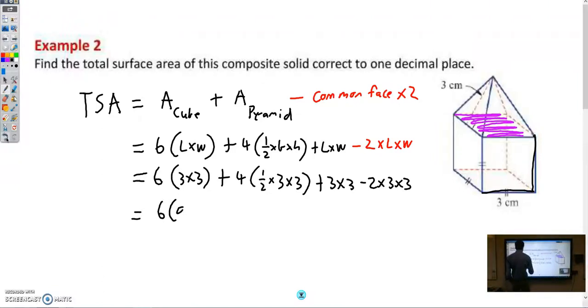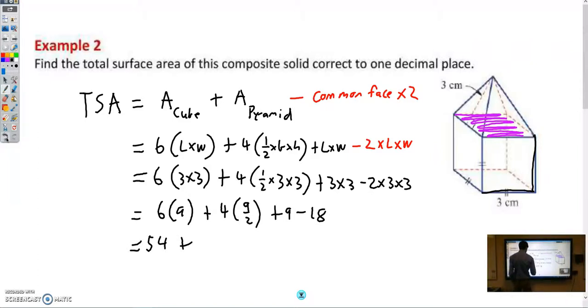Because 6 lots of 9 plus 4 lots, 9 on 2, plus 9 minus 18. So 54 plus 4 times 9 on 2 is just going to be 18.